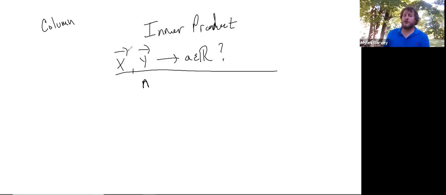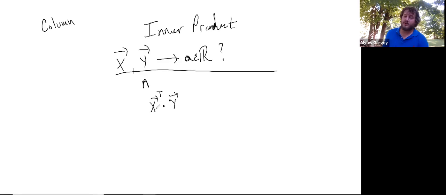Now, if I have two column vectors, the idea in this type of algebra is I can't put together two column vectors. It's kind of strange. That is, I can't take two column vectors and convert it into a number in the real numbers. But what I can do is take the transpose of one of them and multiply that against the column vector.